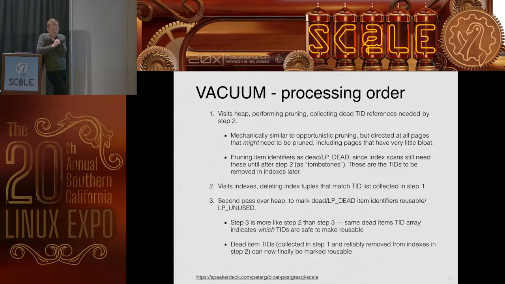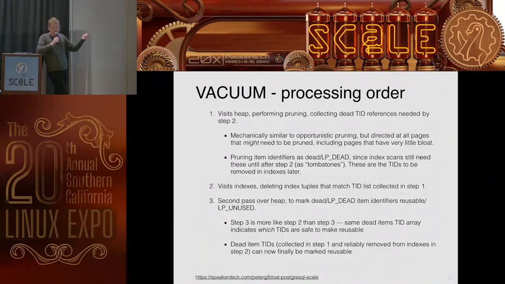It's complicated, but there's a great deal of natural variation, if you like. And then finally, there's a third step where we go back to those pages, not all the pages that we visited, but those that we either pruned and created dead item identifiers that we collected in a list, or those that we at least found a pre-existing one, because they can be left behind from before, the dead item identifiers.